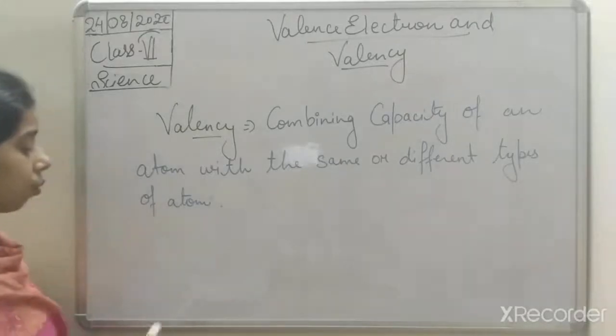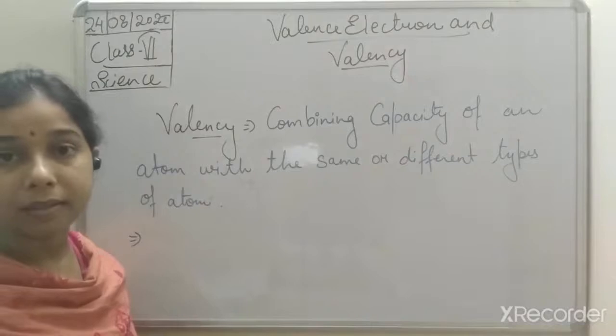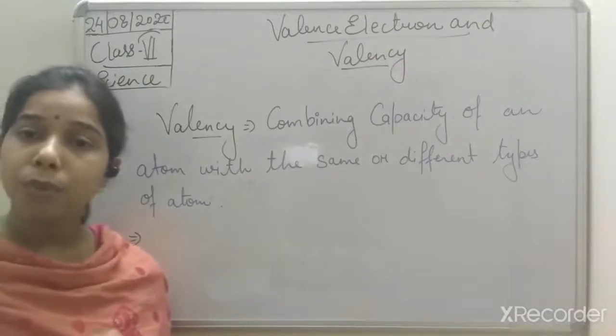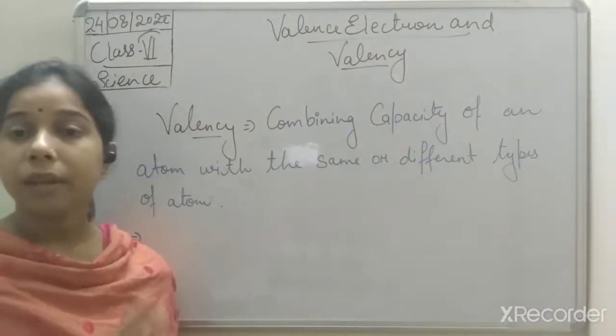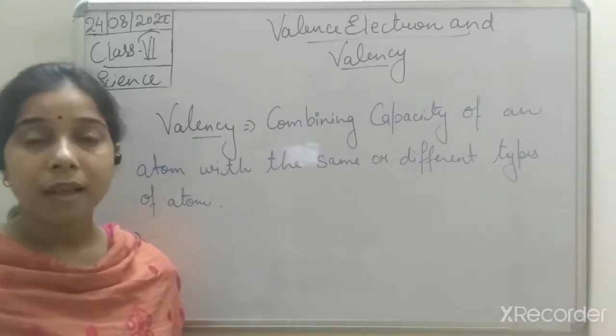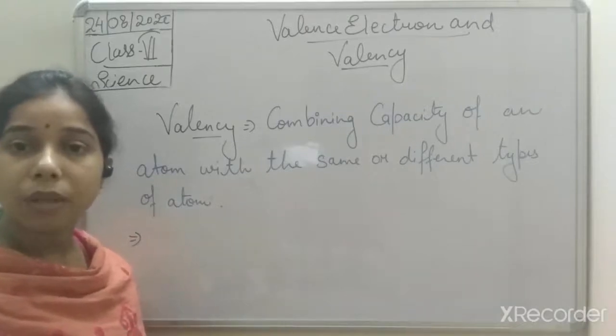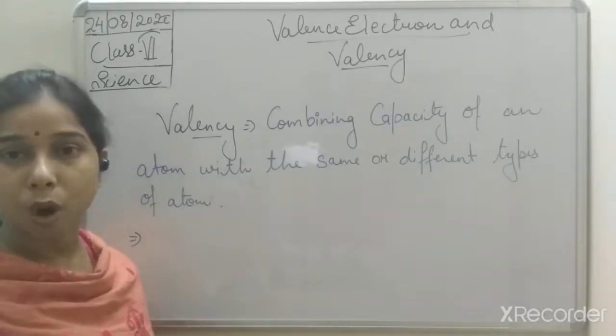Now you see here students, when we talk about valency, it means the combining capacity. And according to Bohr and Bury's theory, when they were explaining the rules, the third rule says that more than 8 electrons cannot be accommodated in the outermost shell.